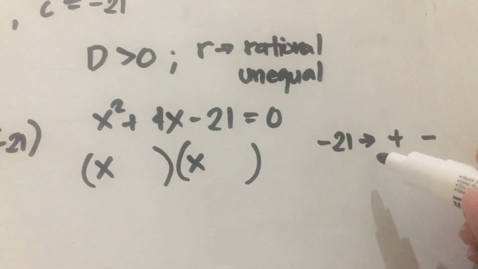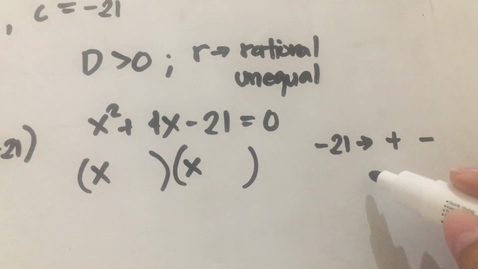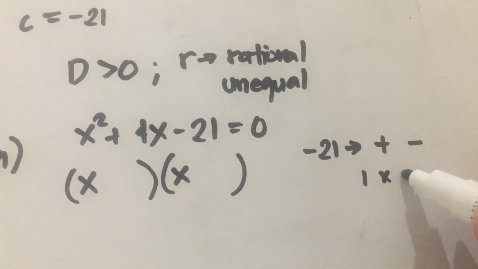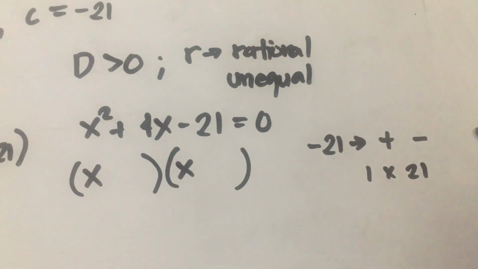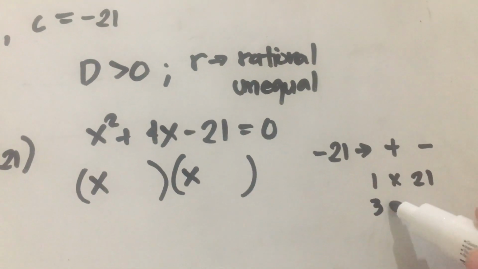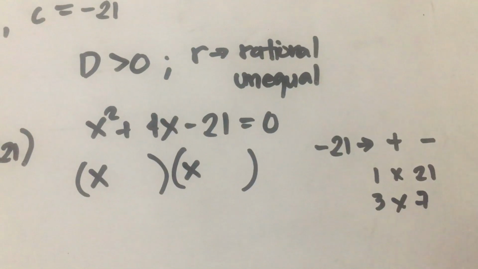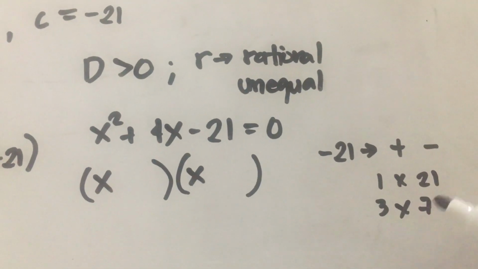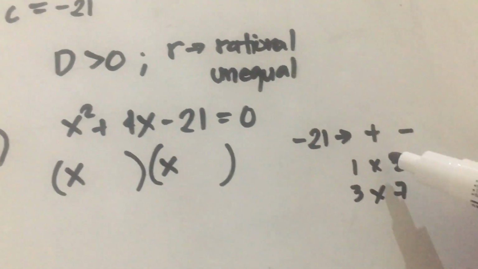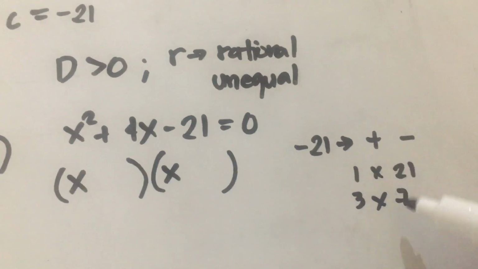So again, imong i-write ang factor sa 21. So imong factor diha, we have 1 times 21. Okay? We have 3 times 7. Okay? Naba kay 4, nabay 5, wala na. So, murakan mira gyud ang duha ka factors sa 21.